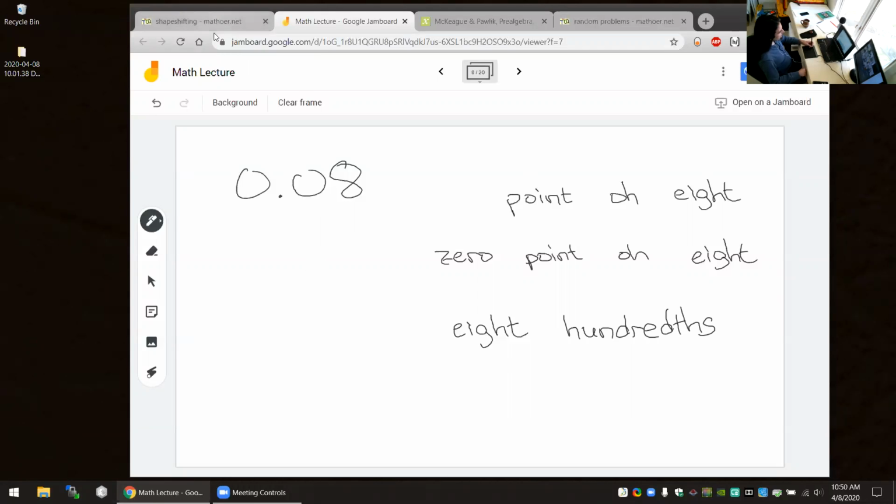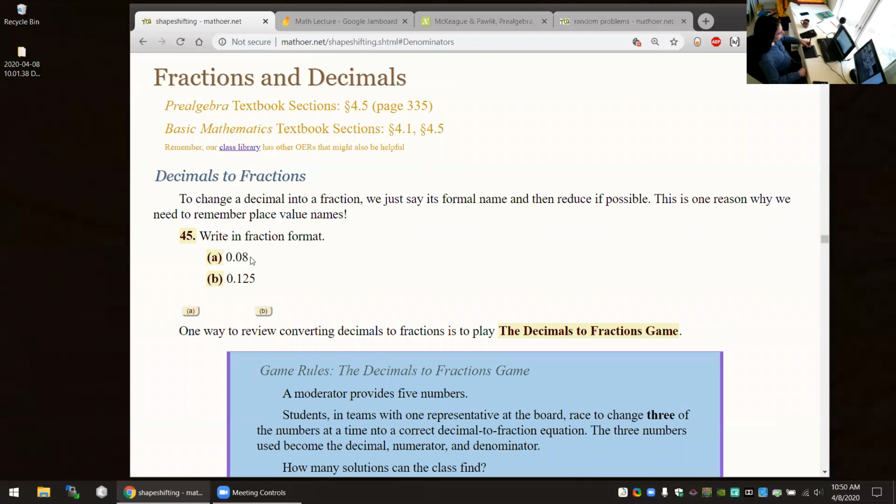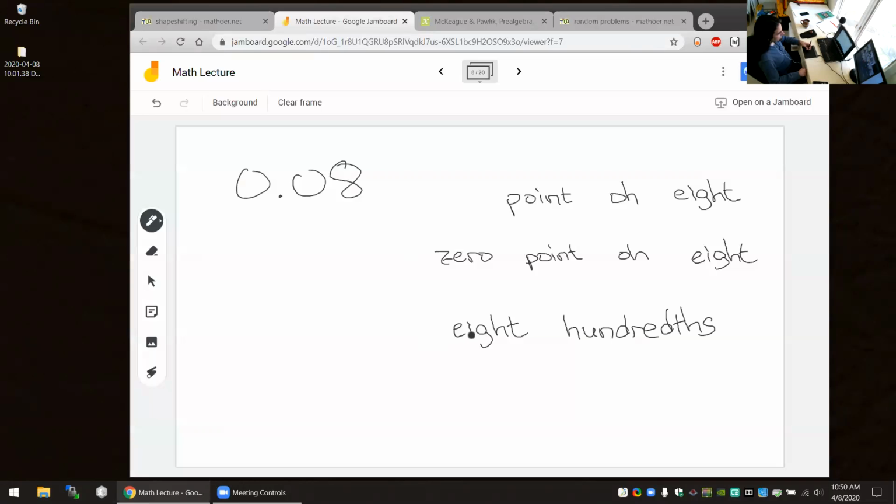If I want to take a decimal and turn it into a fraction, all I have to do is say that formal name. So once I have said 8 hundredths, then I can write it as 8 hundredths. And it's almost like I'm done. I've made it a fraction. That was my job.